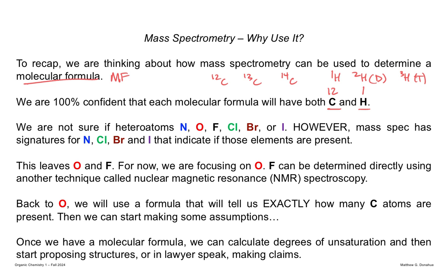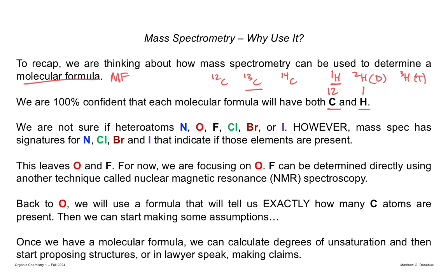So these isotopes all exist in nature, but their percentage differs. And the percentage is what matters as we move forward for not only mass spectrometry, but also when we get into nuclear magnetic resonance spectroscopy, because those look at specific isotopes of those elements. That's what's being detected.